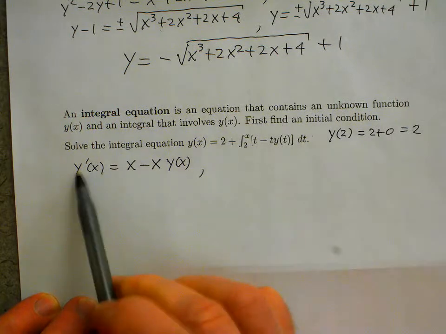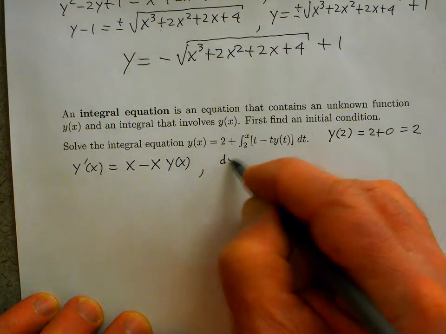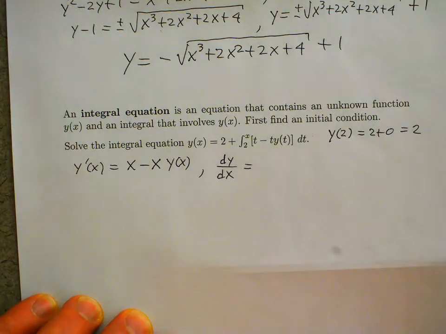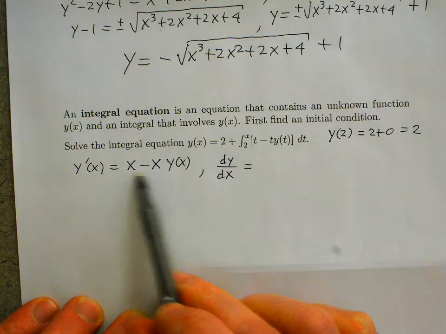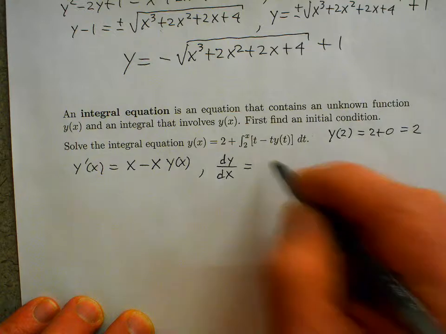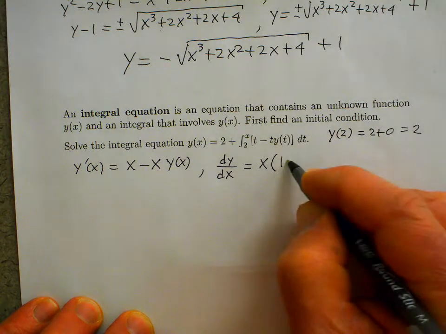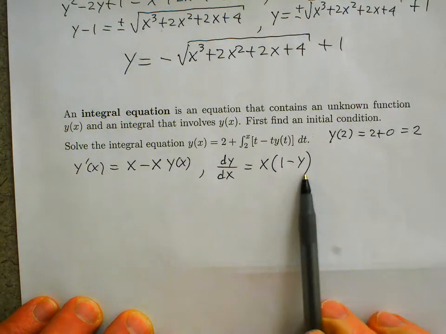So let's write y prime of x as dy dx. And I'll factor x out of both terms on the right-hand side, so we get x times the quantity 1 minus y. I'll just write it, instead of y of x, just 1 minus y.